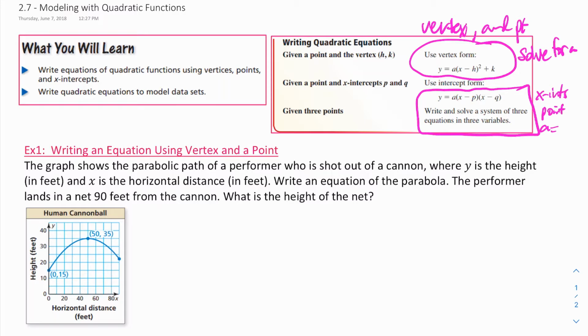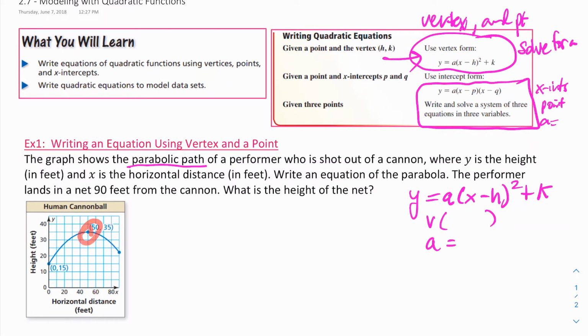So for the very first question, this is obviously something in the shape of a parabola. We're given the vertex, so we will be writing the equation in y equals a times x minus h squared plus k, which is vertex form. In order to do that, we need the vertex, and we need the a value. We know the vertex for sure. The vertex is 50, 35.